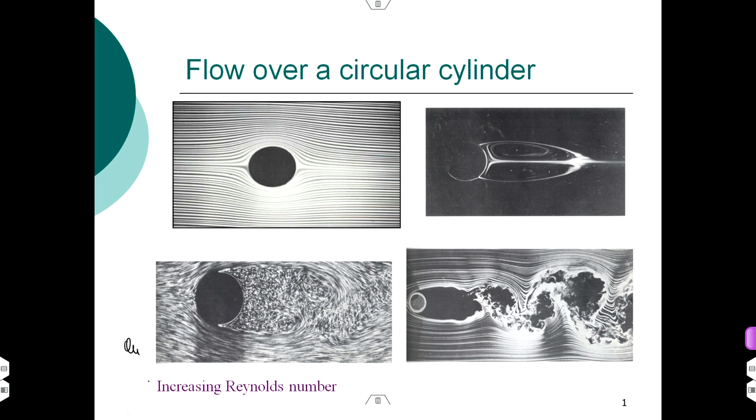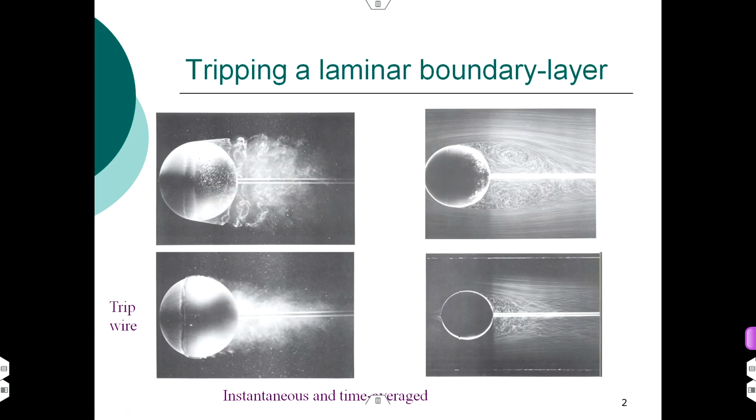So, let us see. This is a cylinder and a sphere, they behave in a somewhat analogous manner. Here this is a sphere and this is the point of separation.